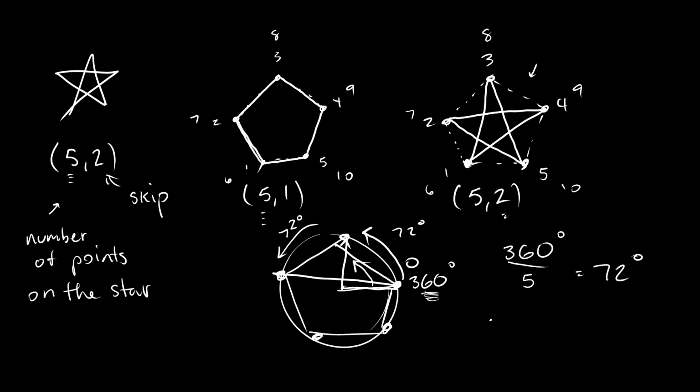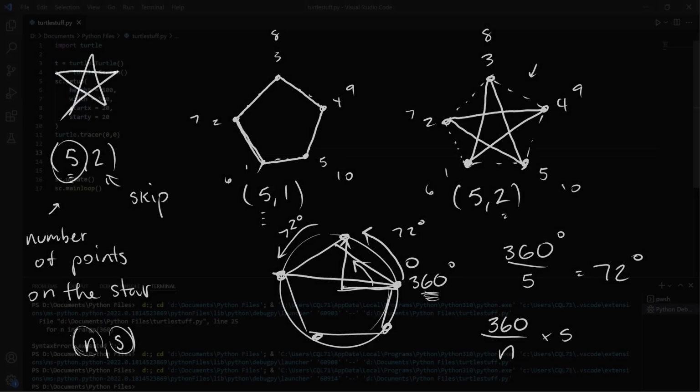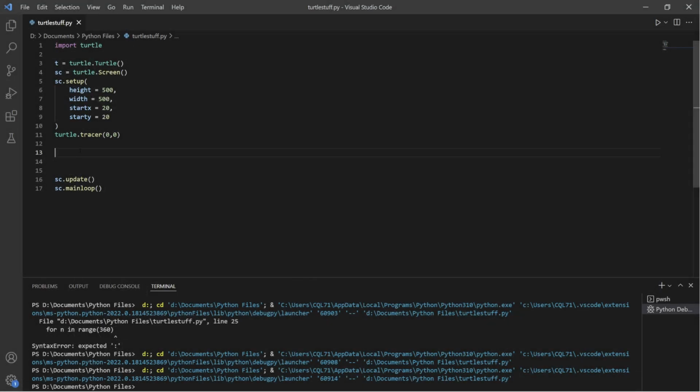So what ends up happening is that the formula looks like this: 360 divided by n, times s, where n is the number of points on the star and s is the skip of the star. So if we have an n-by-s star, n is the number of points on the star, and s is the skip of the star. If we go back to our code, how do we implement this?